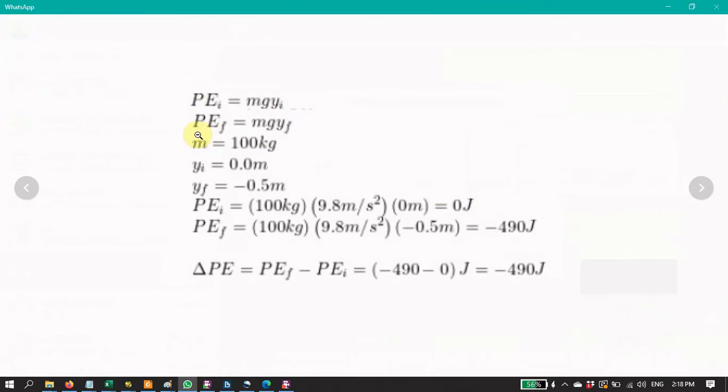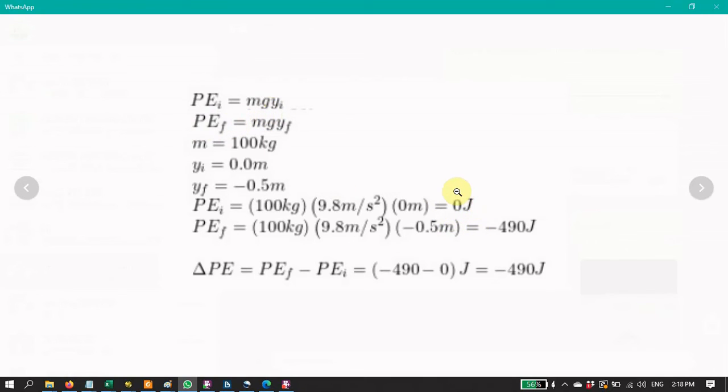The initial potential energy will be mg, mass times the gravitational acceleration taken as 9.8 meter per second square, and then we have the initial position relative to the initial frame of reference. So in that case, the potential energy is equal to 0 joule.